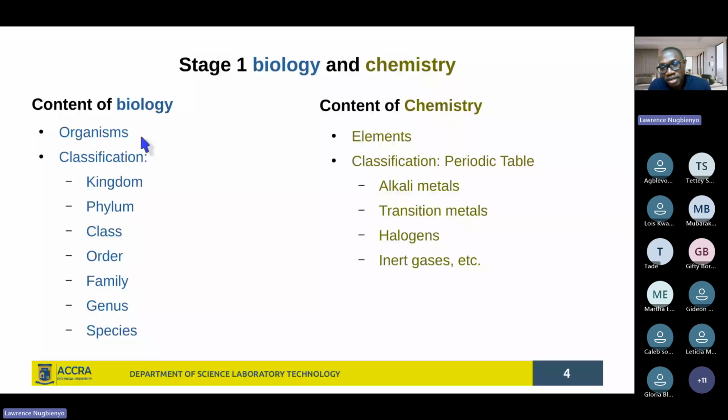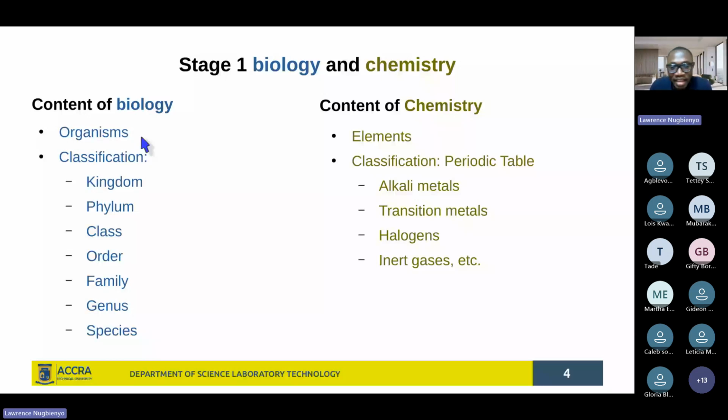Now, in stage 1 biology, it means that you take all living organisms, and what do you do at that stage of studying living organisms? You categorize them. Is the living thing an animal? Is it a plant? Is it a fungi?